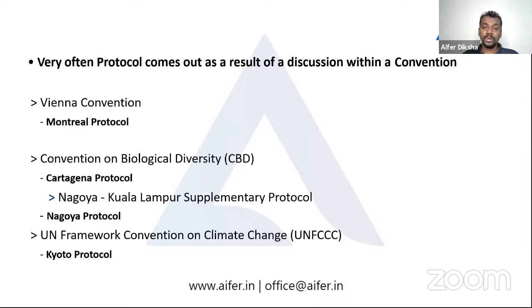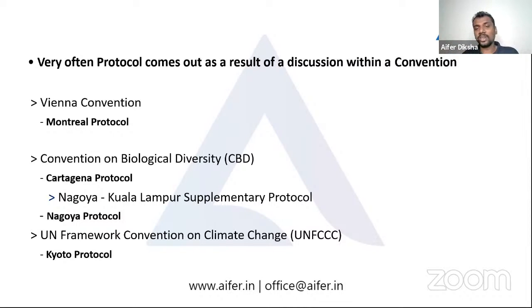So you will be hearing a large number of conventions. It may be the Vienna Convention, the Convention on Biological Diversity, the United Nations Framework Convention on Climate Change. We'll have the Bonn Convention, the Geneva Convention, the Washington Convention, the Stockholm Convention, the Rotterdam Convention, the United Nations Convention on the Law of the Sea.